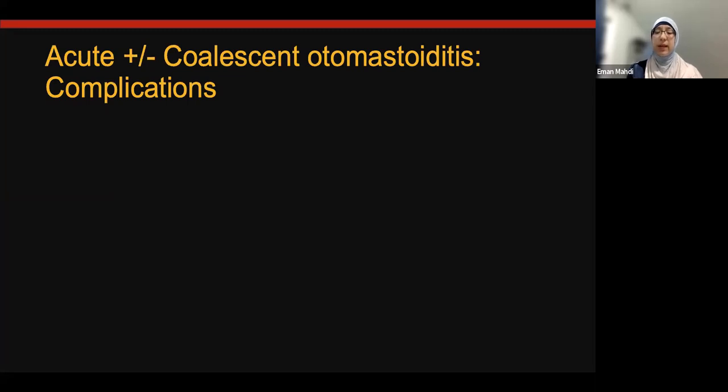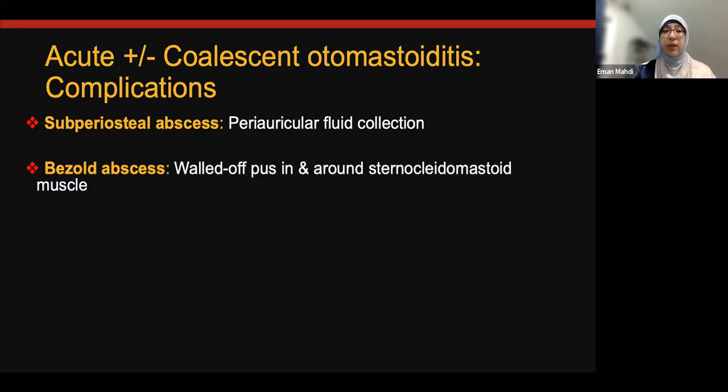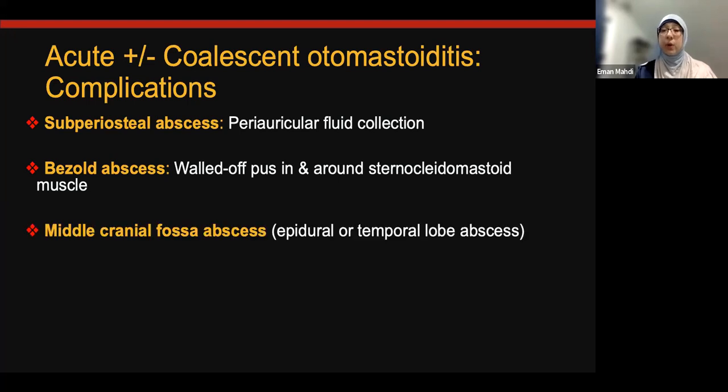But then acute mastoiditis, especially in pediatrics with any facial related infection, they have high risk for complications, including the subperiosteal abscess, like a periauricular fluid collection, or there's something called Bezold abscess, related to pus material in and around the sternomastoid muscle, or it could be the extension of infection to the middle cranial fossa, resulting in either epidural or temporal lobe abscess.